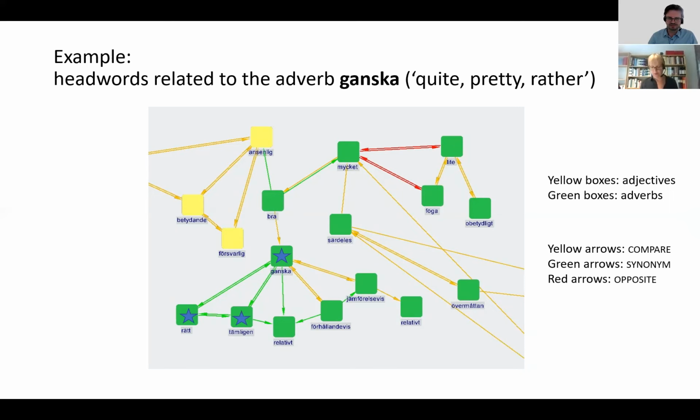You can see the double green synonym arrows to and from the words rätt, fairly, and tämligen, fairly, moderately. Furthermore, there are reciprocal yellow cross-references of the type compare between ganska and förhållandevis, proportionally, and between ganska and jämförelsevis, comparatively.